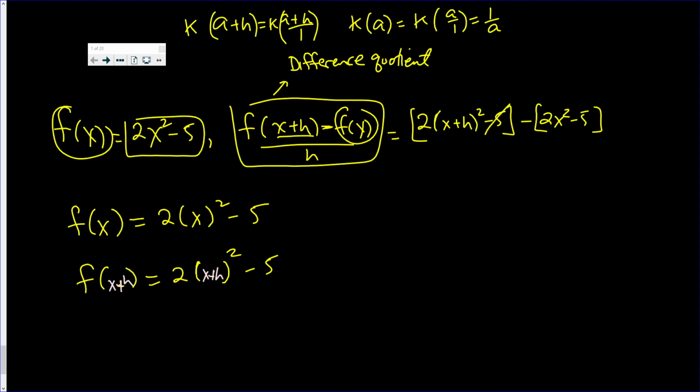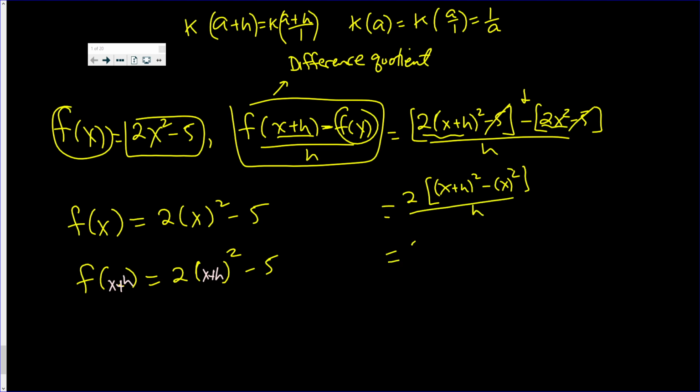And these two numbers are exactly the same, and you subtract them, you get 0, all over h. We can factor out a 2 from here and here. So we get x plus h squared minus x squared. It's the difference of squares. So we add the two things being squared, this and that, and then we subtract them.